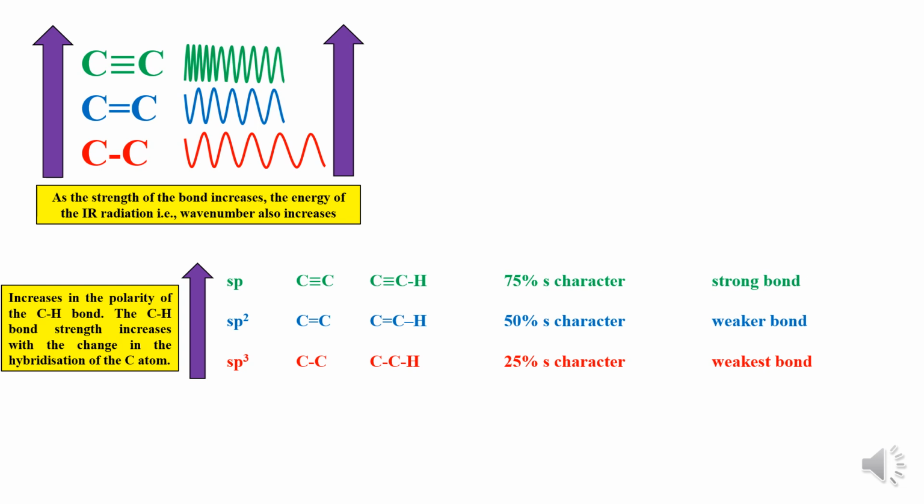So the more the s character, the stronger will be the bond, because remember, the s orbital is closer to the nucleus as compared to the p orbital. So the more the s character, the more strongly will the electron be drawn towards the positively charged protons present in the nucleus of the carbon atom, making the bond stronger. And therefore, the CH bond in case of alkyne is stronger than the CH bond in case of alkene and alkane, because of the difference in their hybridization.